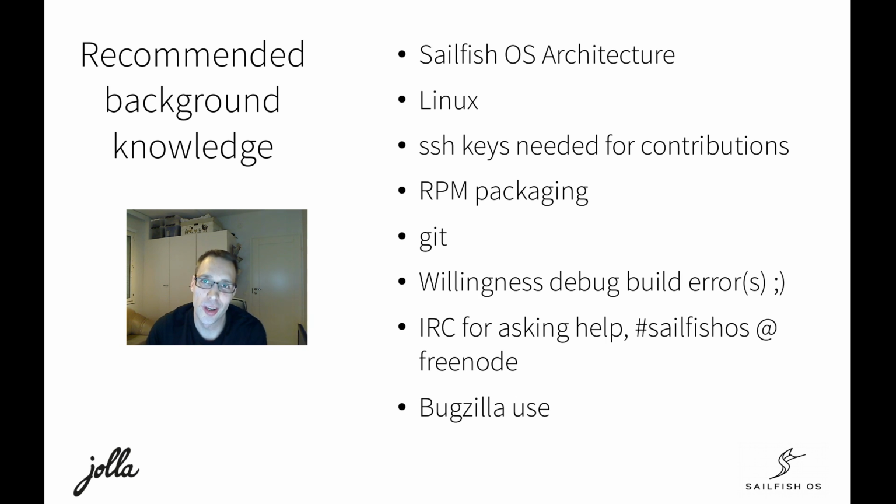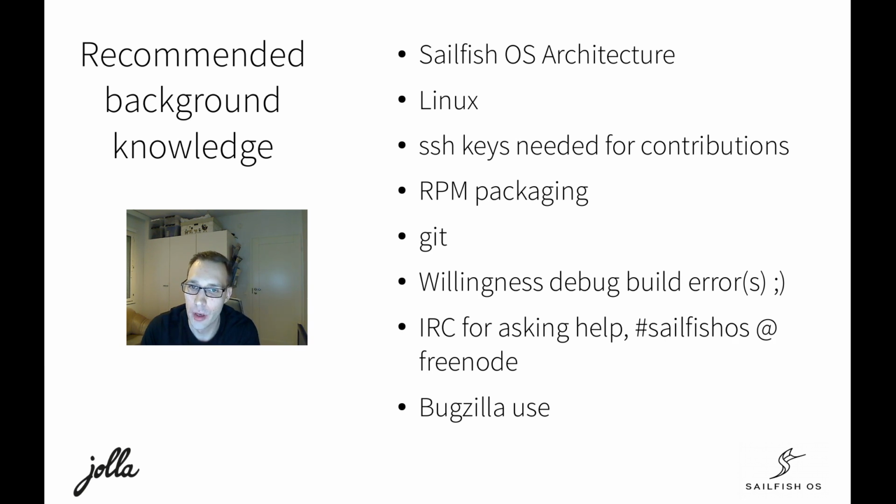Then, when we are talking about core, willingness to debug build errors will be quite familiar to you, as the errors at times are hidden in the hundreds of lines of output printed during the build process, and at times it's not the last line that says what the error is, but it might be somewhere in the middle, as there might be multiple threads building the bigger code blob and hiding the error a bit.